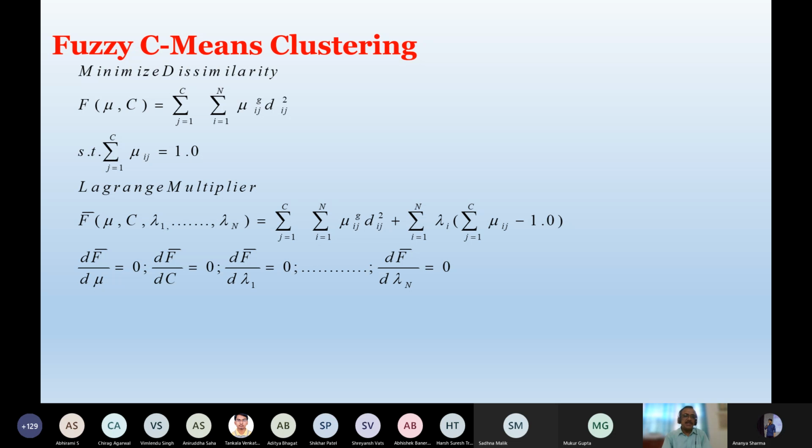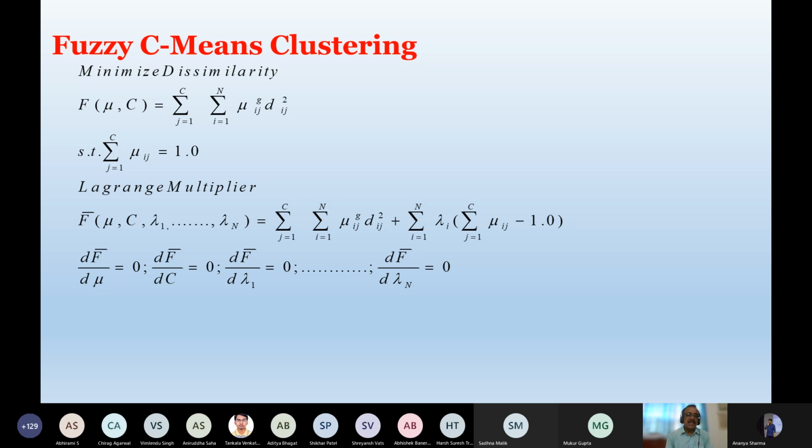Now, subject to the condition that summation j equals 1 to c, mu ij is equal to 1.0. That means the sum of all the membership function values for a particular data point, the ith data point, with all the j clusters, where j varies from 1 to c, C is the total number of clusters, is equal to 1.0.